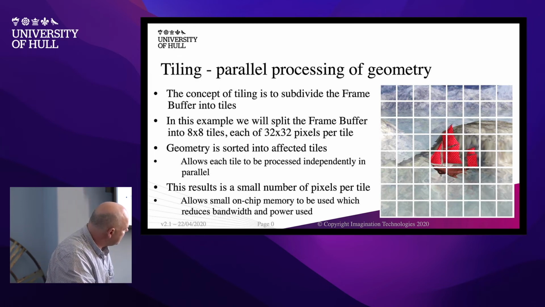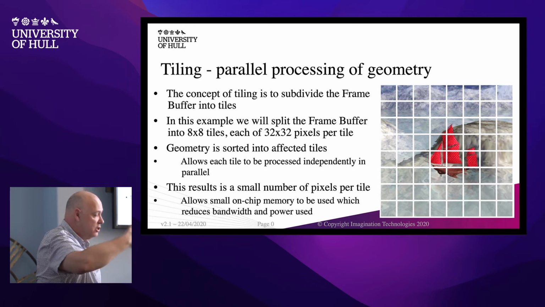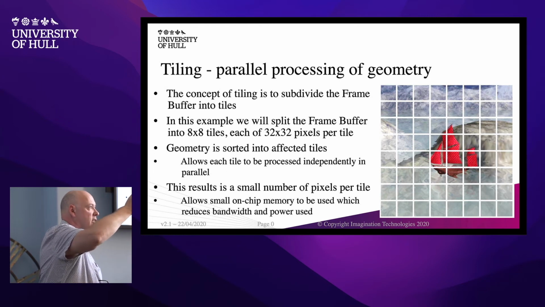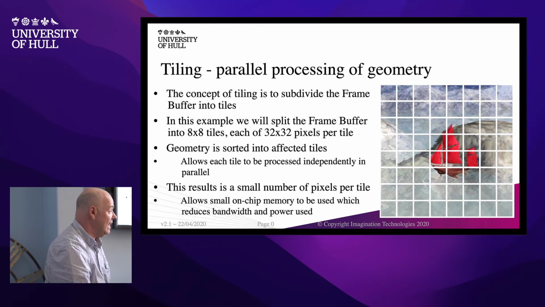So for instance, this part of the sail here is actually in these 4 tiles, but it's not in the rest of them. So basically each tile has a list of the geometry that it needs to know about so it can render that part in its tile.